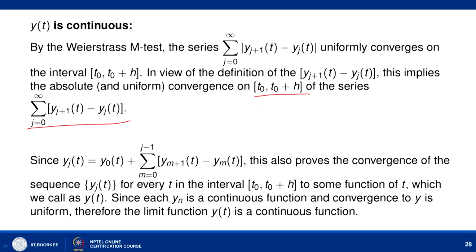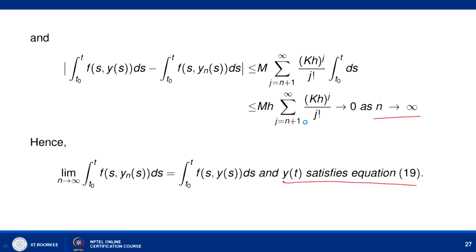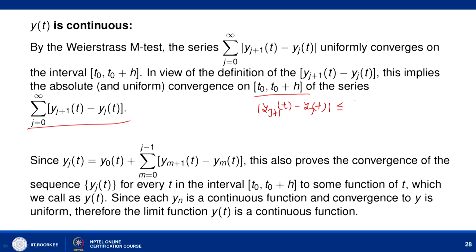We can remember that modulus of y(j+1)(t) minus yj(t) is bounded by the following thing, k to the power j minus 1 times (s minus t naught) to the power j upon factorial j. So, this is bounded by k to the power j h to the power j minus 1 upon factorial j minus 1.